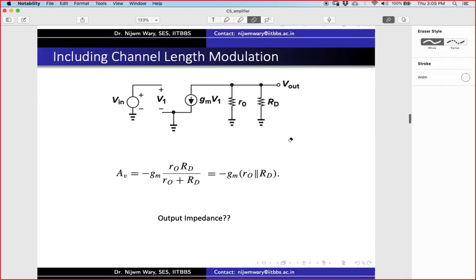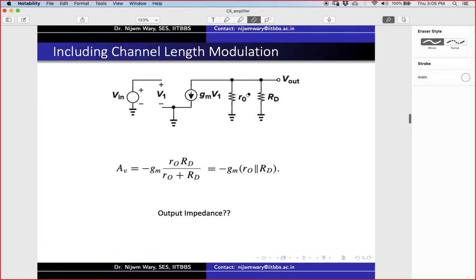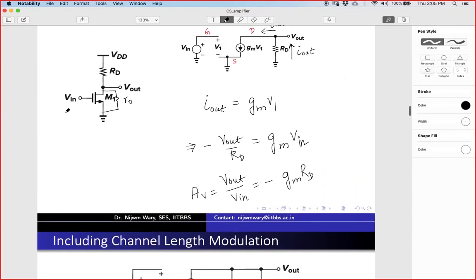So if we put the RO, how does the gain expression change? I have put RO here, and it is coming parallel to RD, so the gain expression will be nothing but minus GM times RO parallel RD. Of course, if I want to find the output impedance of this node, input impedance is infinite because it's a MOSFET.